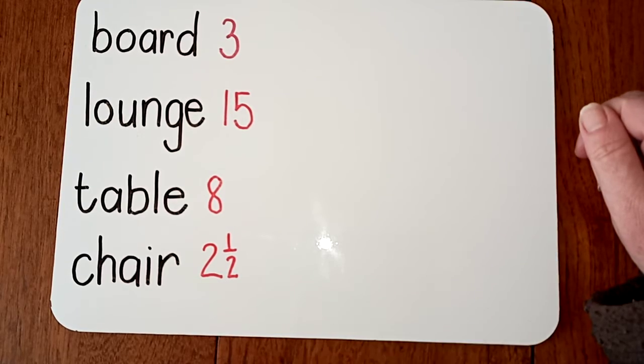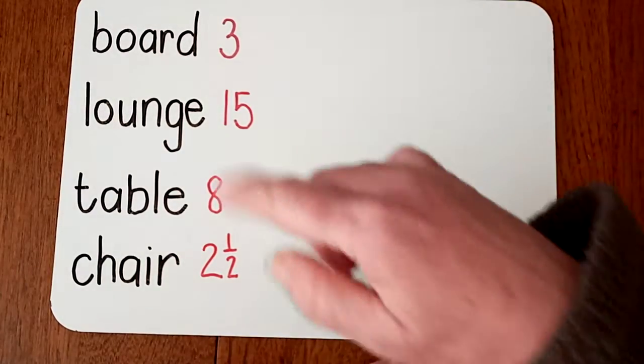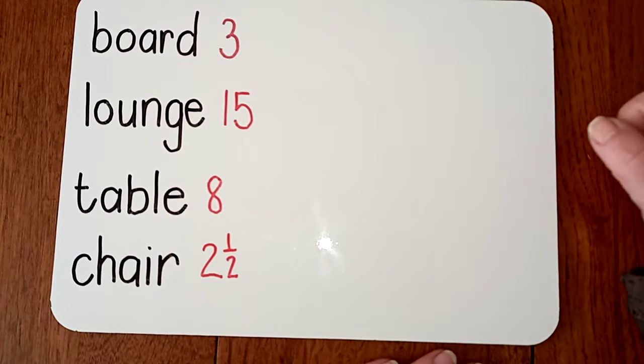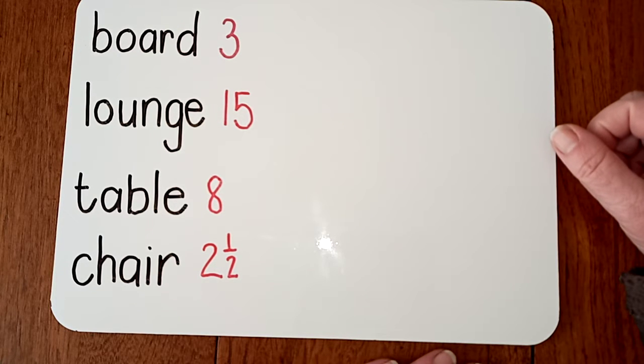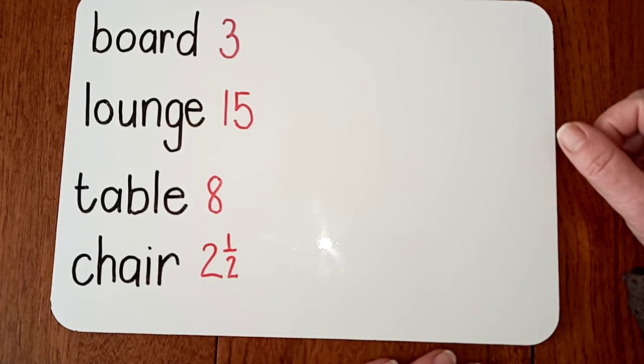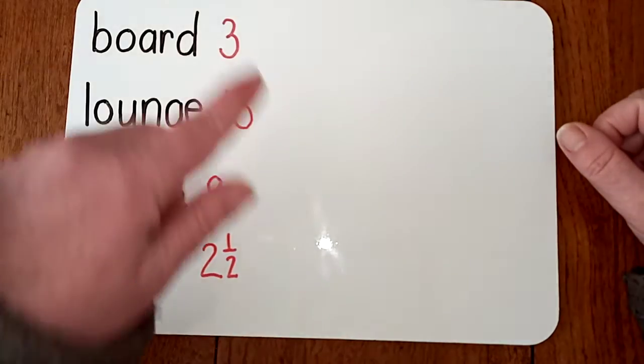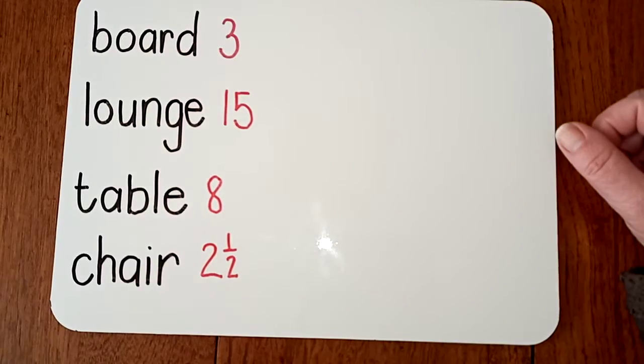So, because we have got different measurements, we have a bit of a problem. Because if you are buying something, no matter where you are buying it from, what shop or what country, it needs to be the same measurement.